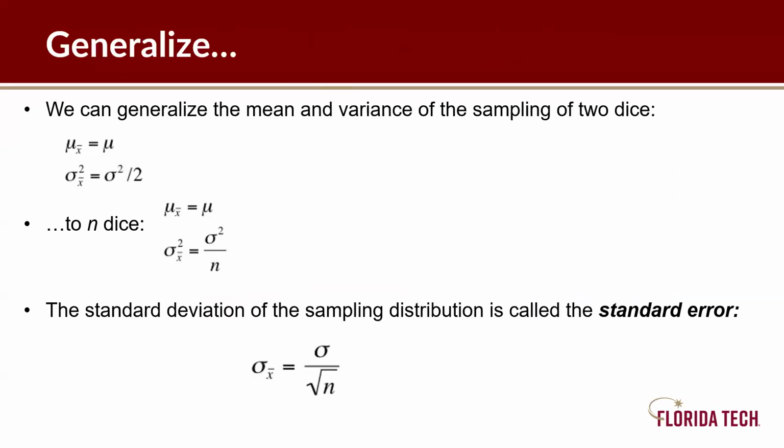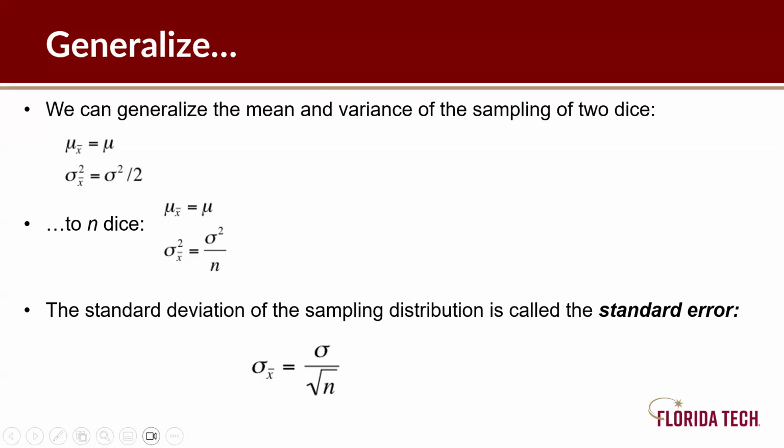We generalize the mean and variance of the sampling distribution of 2 dice: mu of x bar is mu, and sigma squared of x bar is sigma squared over 2, to n dice. The mean of the sampling distribution of the sample mean for samples of size n is still the population mean mu, and the variance of the sampling distribution of the sample mean is going to be the population variance divided by the sample size n.